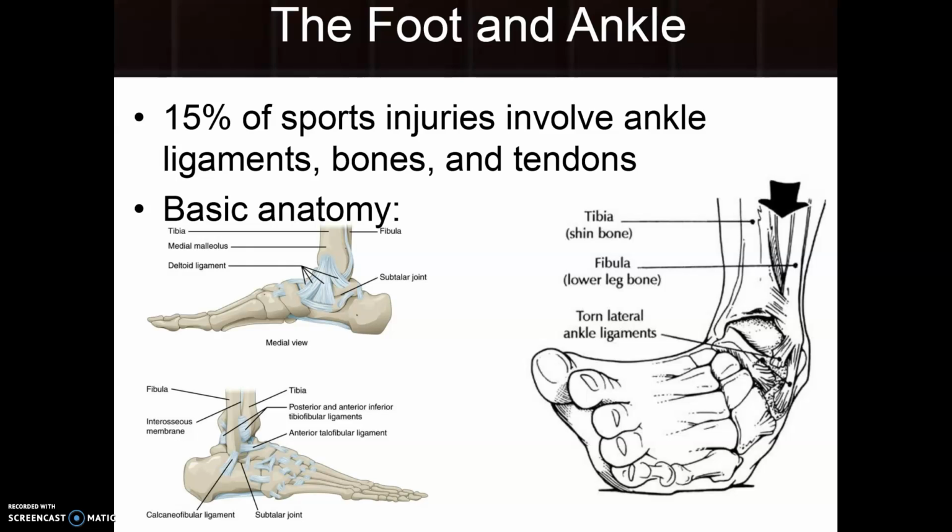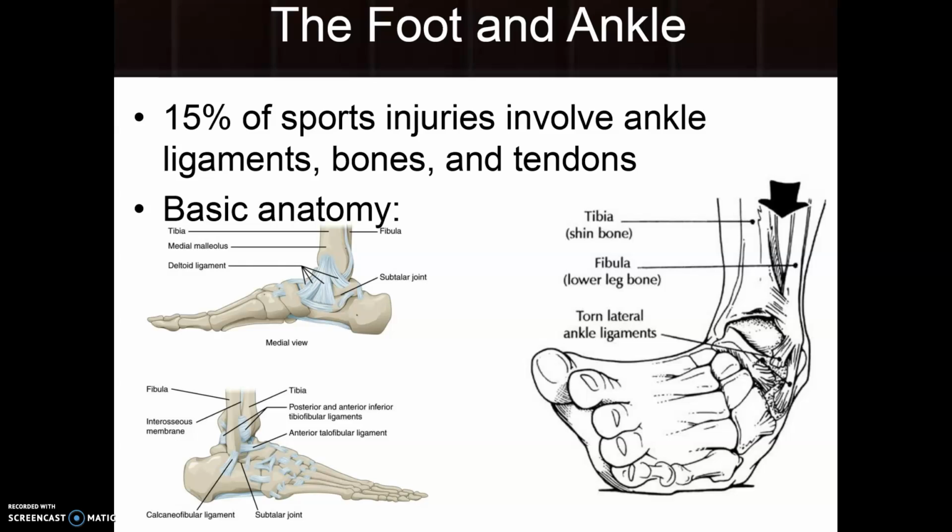Again, kind of back to that number, 45% of all basketball injuries involve the foot, ankle, and lower leg. 31% of all soccer injuries involve foot, ankle, and lower leg. And then 24% of volleyball injuries. So it's critical that your observation skills are keen.